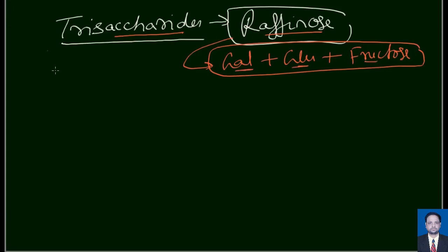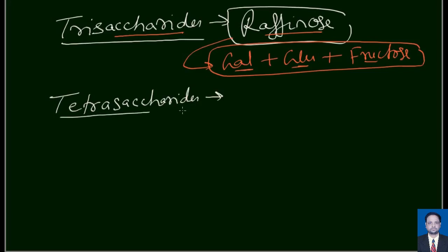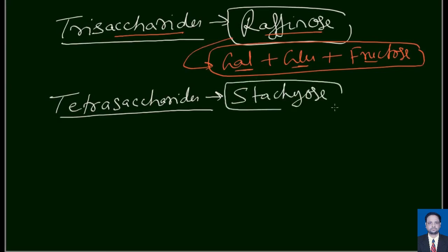Let's move to another one, that is the tetrasaccharide. Tetrasaccharides are called stachyose. Stachyose is made up of four saccharides. Tetra means four types of saccharides are present.